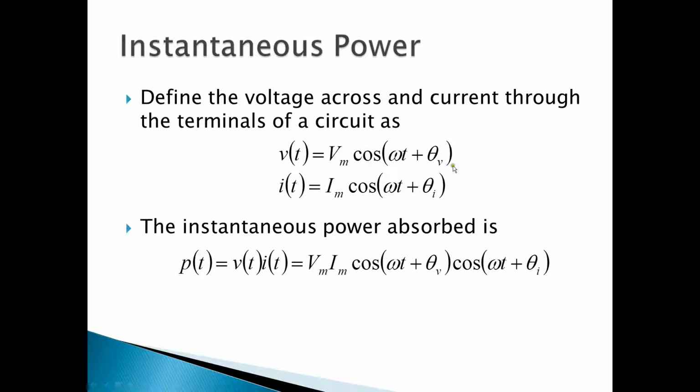So this is going to be consistent with our phasor representation. We want to represent our current and our voltage as cosine functions. Also note here that I am specifying the amplitude in terms of the peak amplitude or the maximum amplitude. I'm not using RMS or effective values right now.